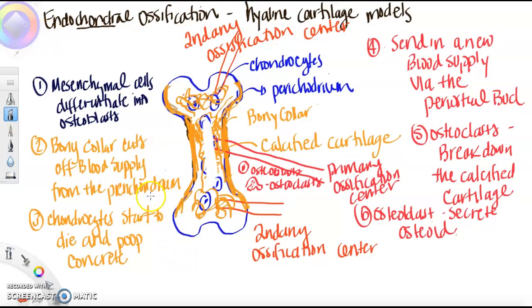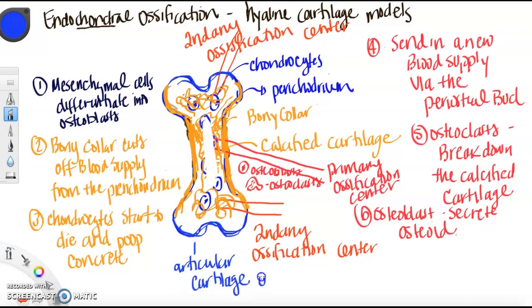And what is left of the cartilage? Well, there's cartilage that stays on the ends of the long bones, because we all know this is the articular cartilage. So now we have articular cartilage on the ends, which of course is hyaline. And right here, there is also some hyaline cartilage left.